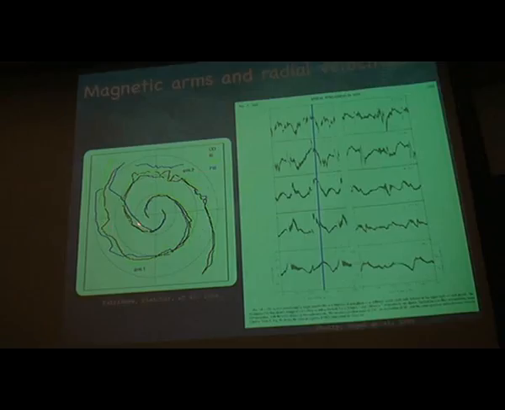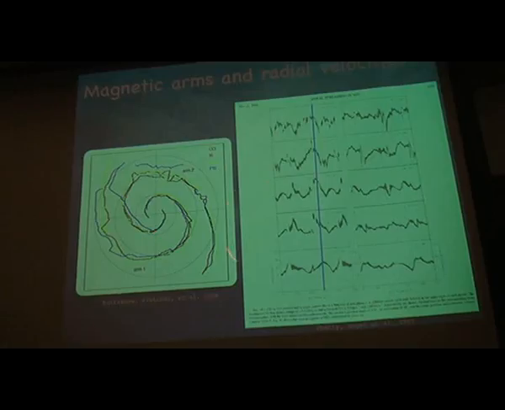And this wandering ridge here, this interarm region, this magnetic arm, happens to line up and follow some peaks here of this radial velocity. So when we have this set of peaks of strong radial velocity, up to about 100 kilometers per second, over a region here of about 4 kiloparsecs, these peaks just happen to line up with the location of this strong interarm magnetic field, so this kind of strong wandering magnetic arm.